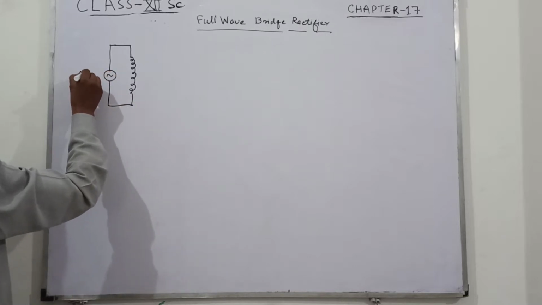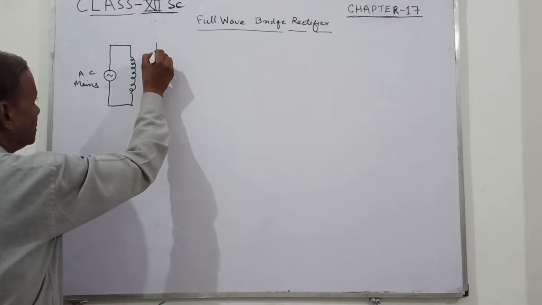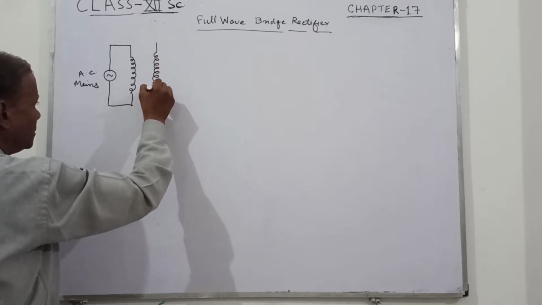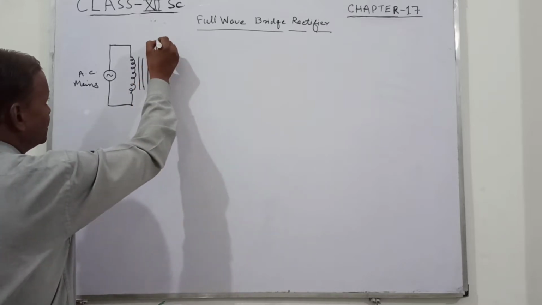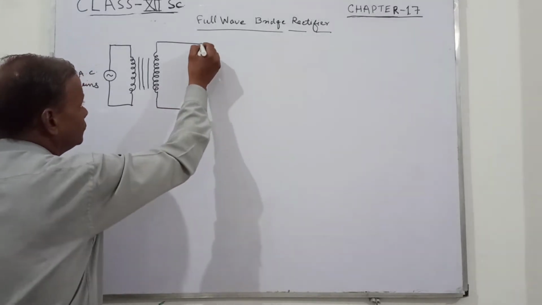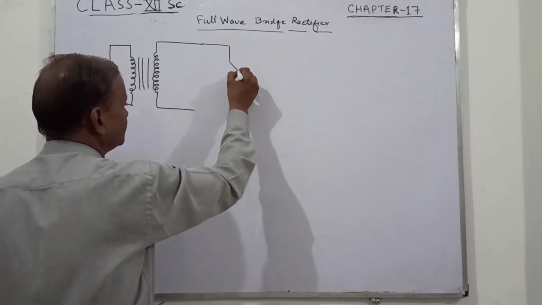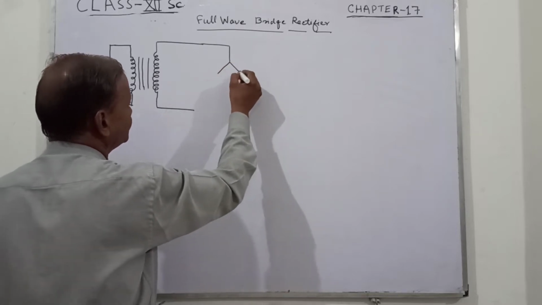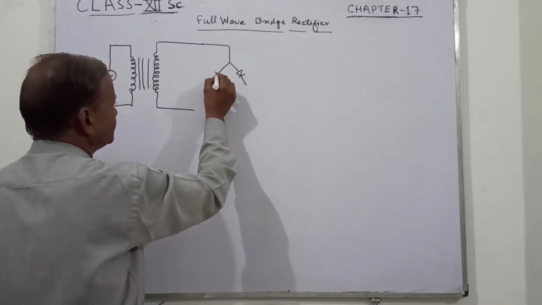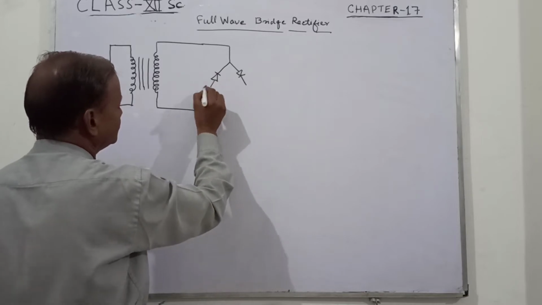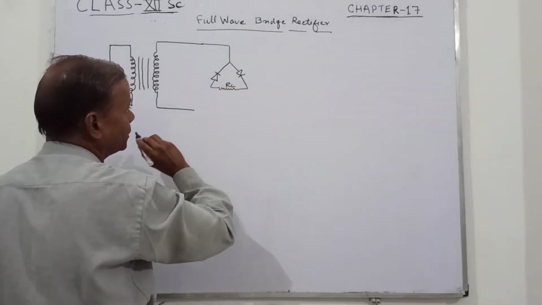This is the AC. These are the induction lines. This is RL, the load resistance.